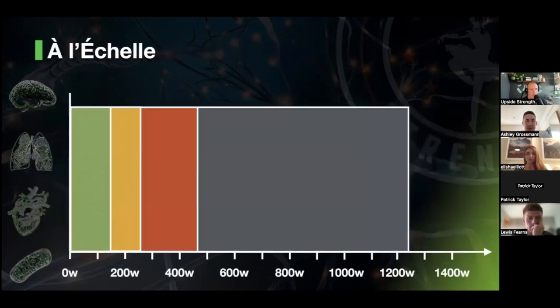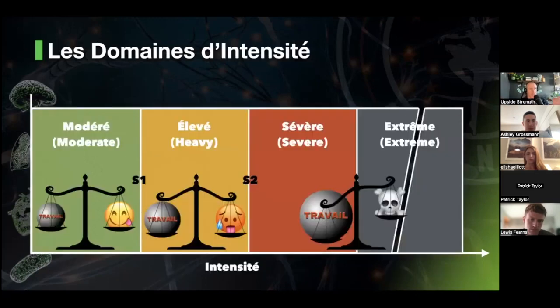If you look at it on the scale, it's kind of disproportionate towards the extreme domain. If you look at peak power output for someone on a bike, for example, and then where those other transition points will be, you can see that the extreme domain is really, really big, but we're going to focus on those intensity domains and those transition points at the bottom.